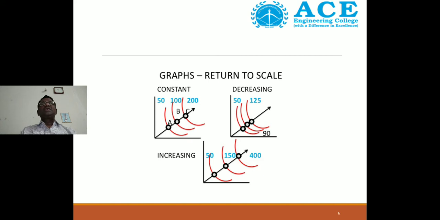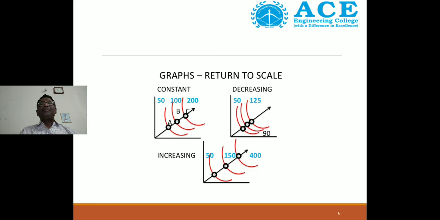Increasing returns to scale means the proportionate increase in all inputs doubled, then the output is also doubled, in the increasing returns to scale 50, 150 and 400. So from this particular graph, returns to scale indicates constant returns to scale, decreasing returns to scale and increasing returns to scale with a graphical representation.